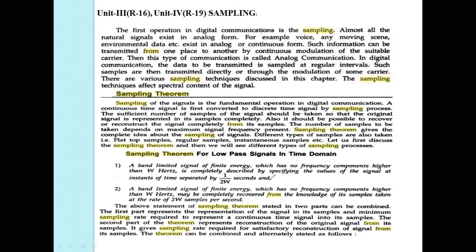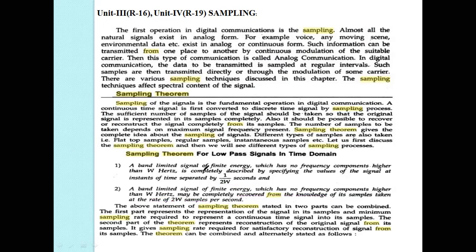To construct, the samples are separated by 1/2 omega seconds, and to recover the signal, you see here, it is recovered from the knowledge of its samples at the rate of 2 omega samples per second. For the construction of the signal, it is 1/2 omega seconds.